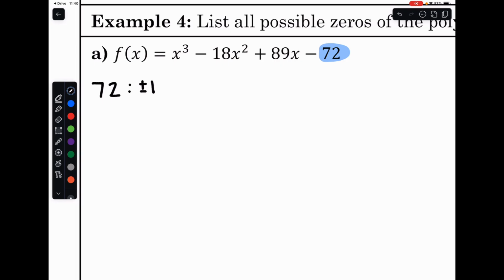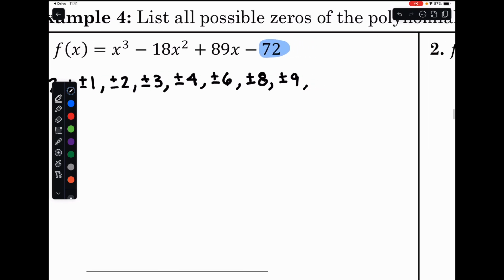So we're going to consider both positive and negative. 72 can be divided by +2, but also -2, positive and negative 3. 72 can also be divided by 4. 72 cannot be divided by 5 because that's going to give you a decimal value, but 72 can be divided by 6. 72 can be divided by 8. And of course, it could also be divided by 9, since 8 times 9 is equal to 72.